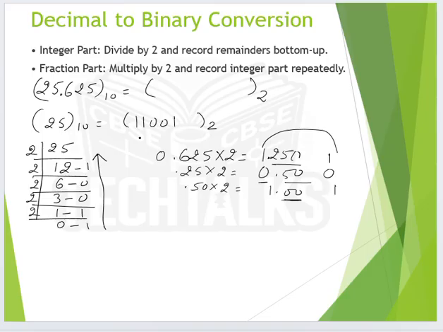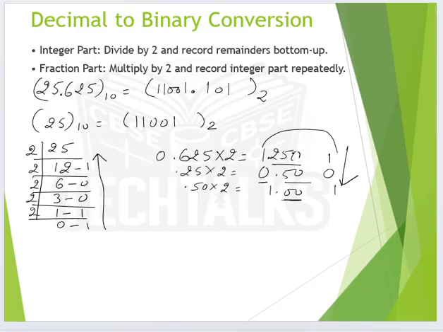So all together, we write 11001 point, and these digits are taken from top to bottom: 101. I am repeating, the integer portion is to be divided by 2 until you reach 0 as the quotient, and the fractional part needs to be multiplied by 2.